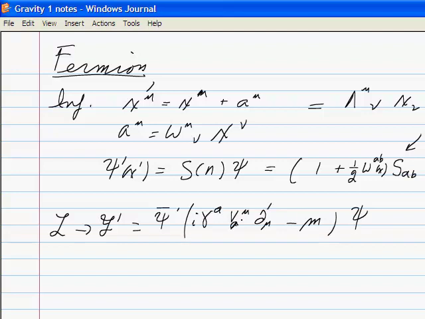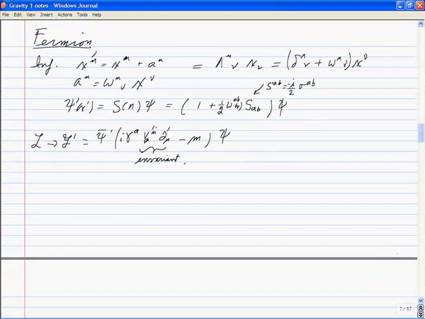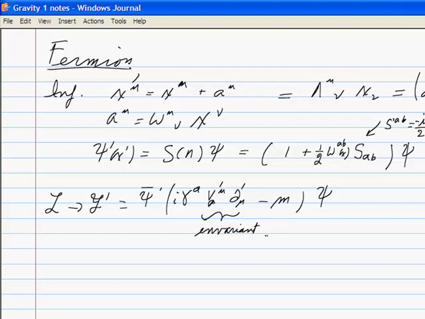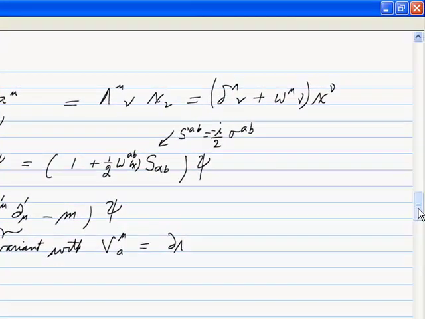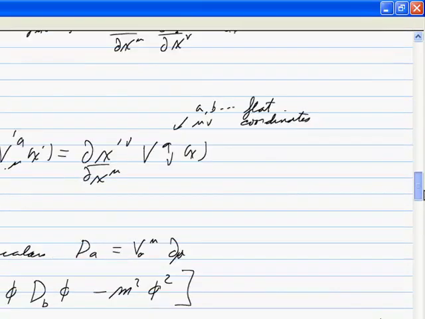All right, so if I put in the vierbein, then this piece becomes an invariant when we do the transformation on the vierbein. With the V_mu^A being whatever I had up there, dx prime.